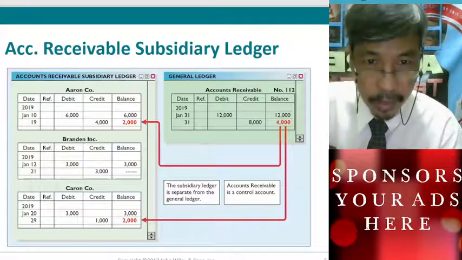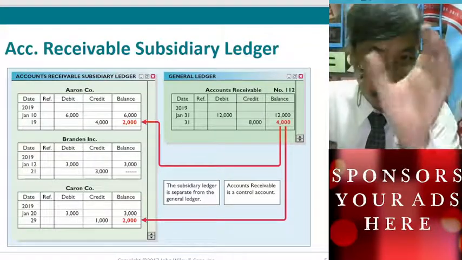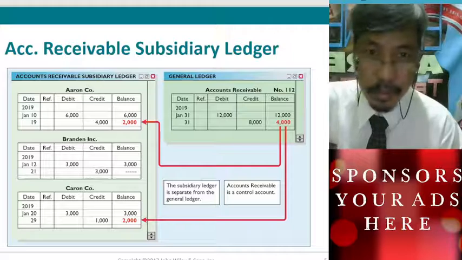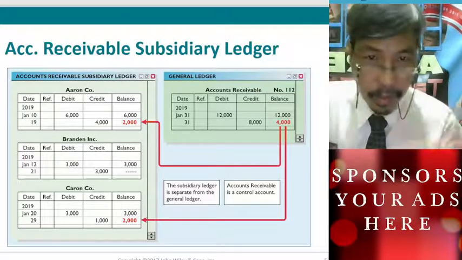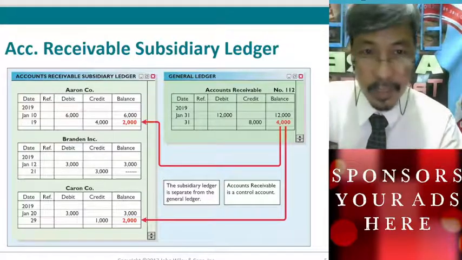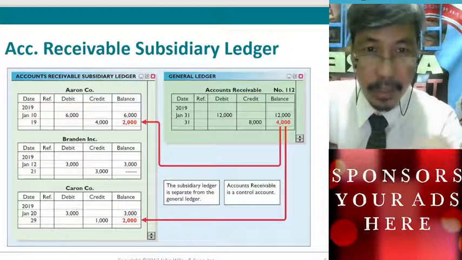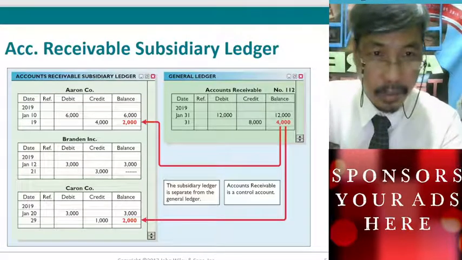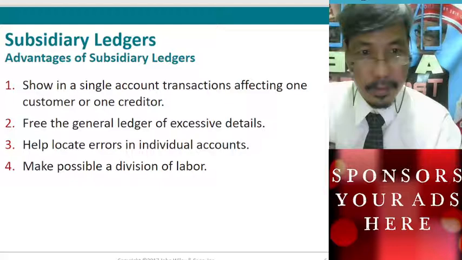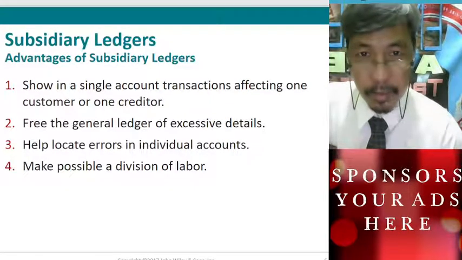You have an account name, Brandon Incorporated. And you have an account name, Caron Corporation. So these are account names. While in your general ledger, accounts receivable is the one reflected. No? So the Aaron account is a subsidiary of your accounts receivable ledger. So that's how it shows in our accounting record.